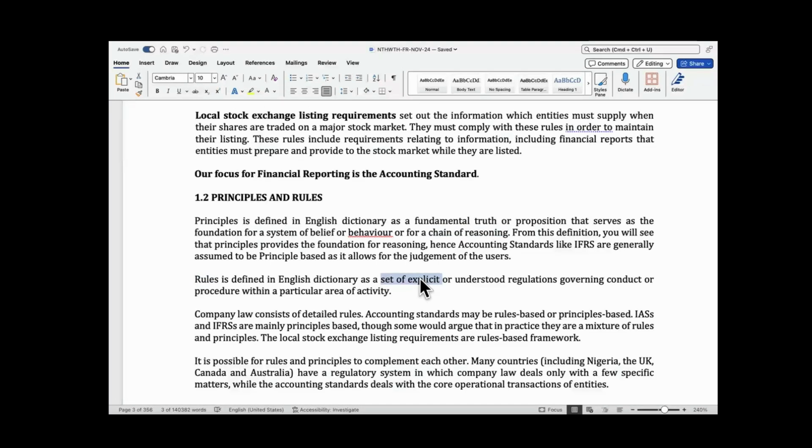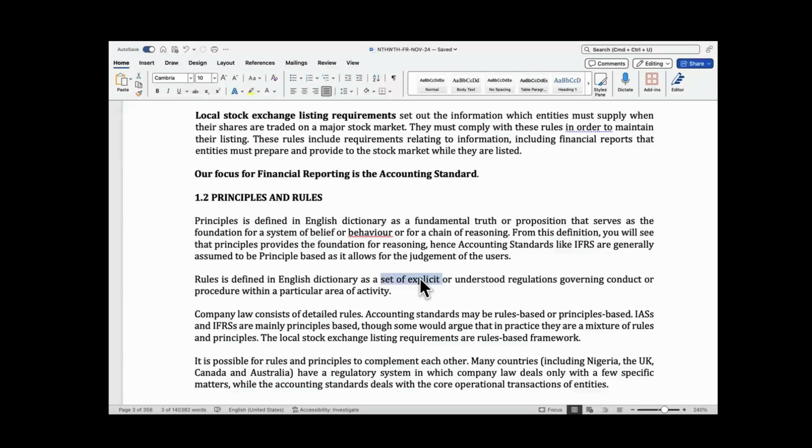And when we say rule, it assumes you understand it. That's why they say ignorance is not an excuse for breaking the law. You can't say you don't know. So when they say something is a rule, assume that you understand it because it's explicit. It's just for you to go and sit down and read it. Or when you want to do something, just follow it. So a rule will tailor everything down and tell you explicitly how you should achieve a result.